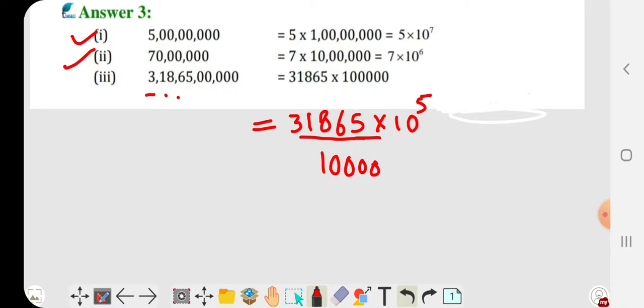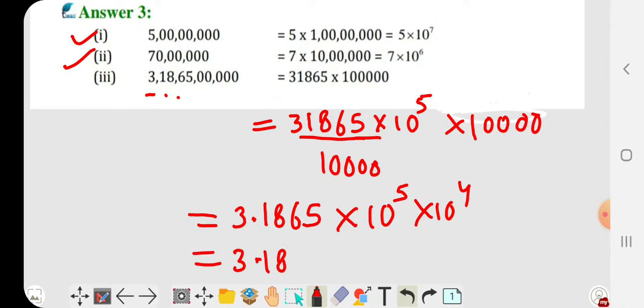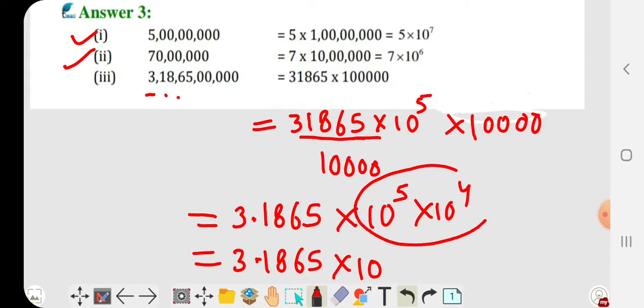Now when we divide, we also have to multiply. If we are dividing by something of our own accord, the same number will be multiplied also. Here this gives us 3.1865 into 10 raised to power 5 is already there, and it is 10 raised to power 4. Finally, it is 3.1865 into 10 raised to power. Here we will use the law of exponent.